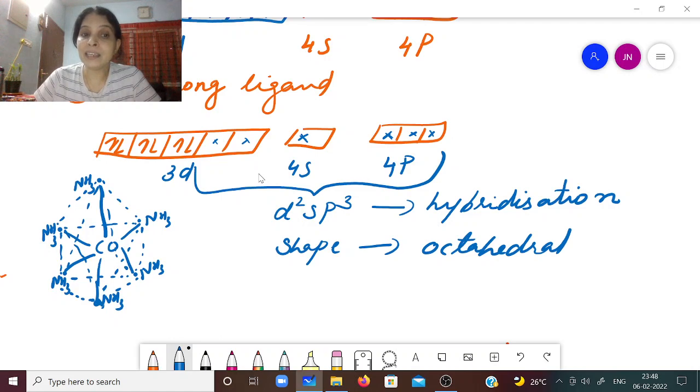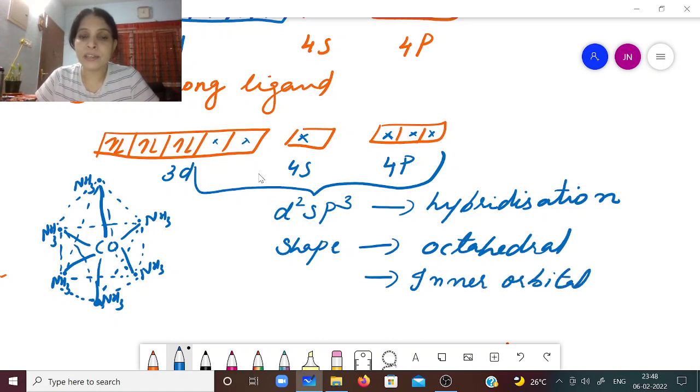And you know that 3 is coming inner to 4. So because 3d is utilized, not 4d. We are not using 4d, we are using 3d. And 3d is inside, so it is an inner orbital. The complex is inner orbital.